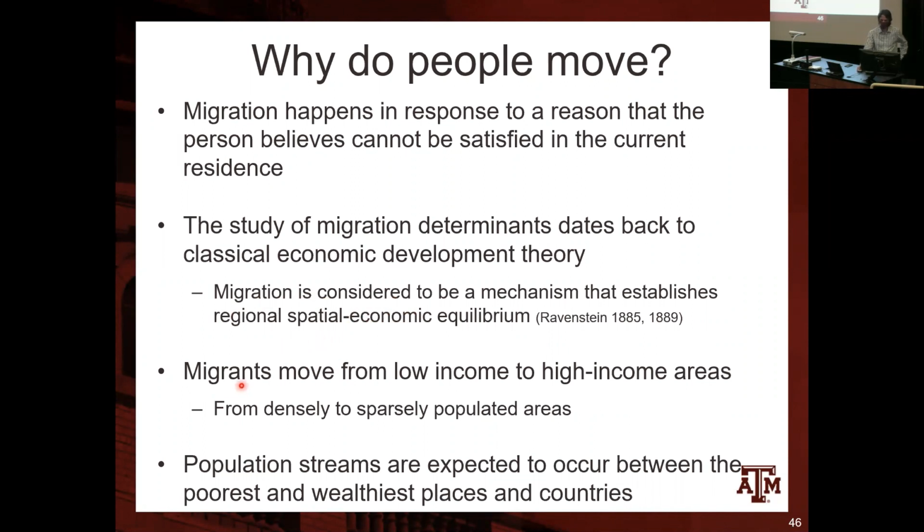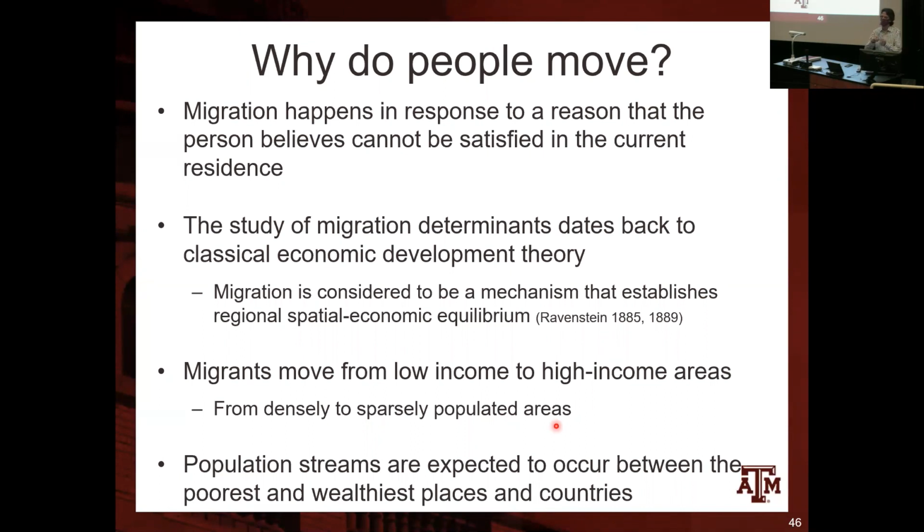Overall, what we know is that migrants move from areas with low income to areas with higher income. So usually people move from areas that have lower economic opportunities to areas where they would have better economic opportunities. And also, they move from densely to sparsely populated areas.